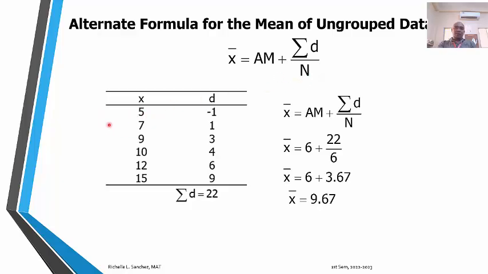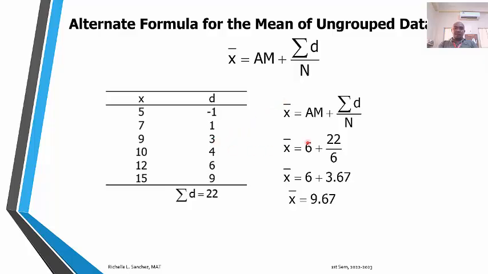When we say assumed mean, we are setting a value for our mean, assuming that it is our mean. So in this case, we have here the values of x, and this is the deviation from the mean.